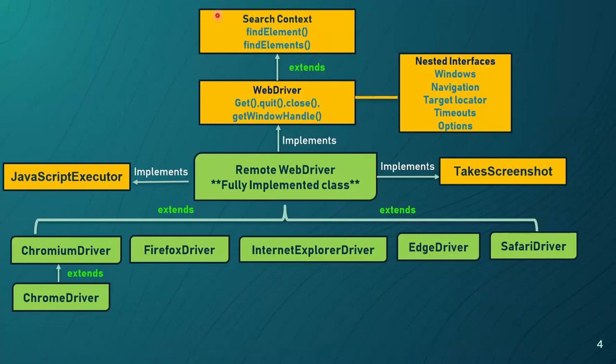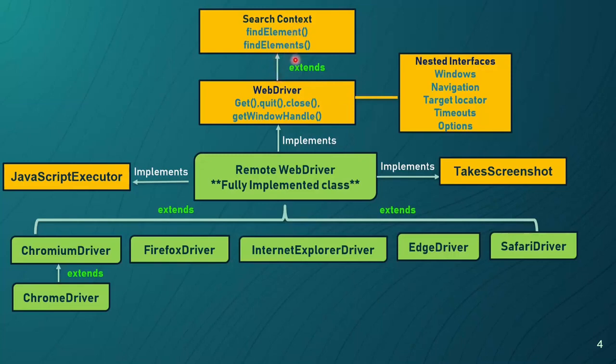Okay. So this is the search context, the super interface, which has the abstract methods find element and find elements. Next, we have the WebDriver interface, which is extended from the search context.